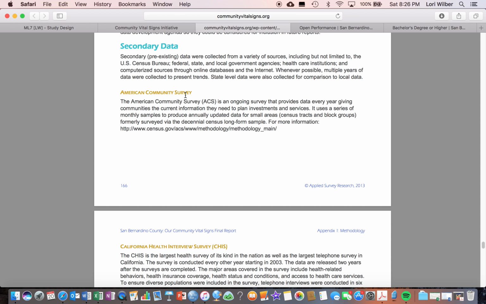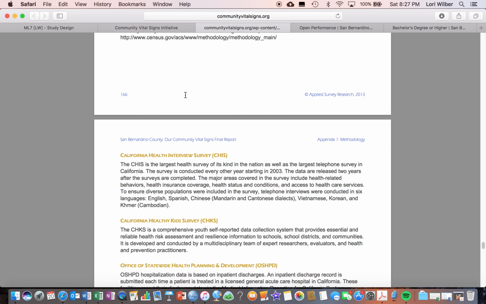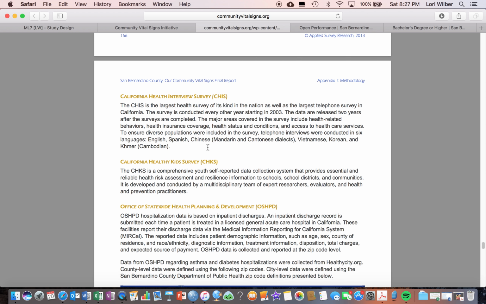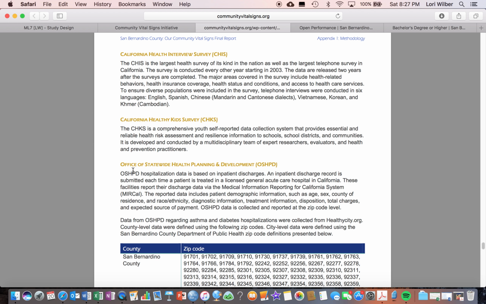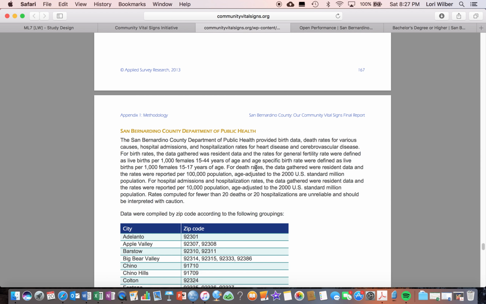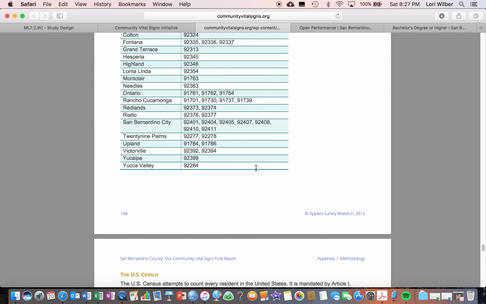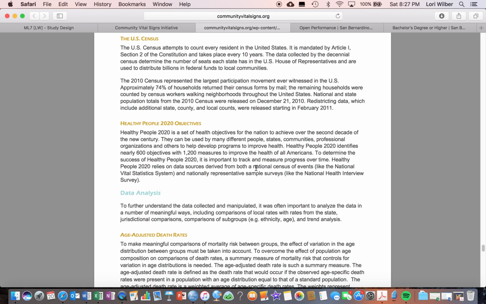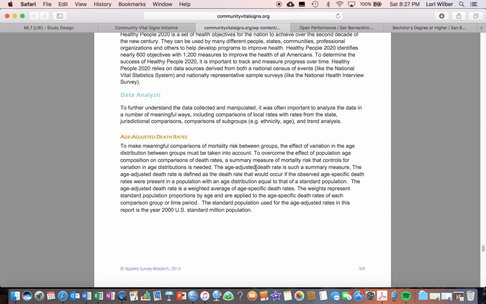So there's an American Community Survey, the California Health Interview Survey, which is called CHIS, the California Healthy Kids Survey, the Office of Statewide Health Planning and Development. We even have the census down here somewhere, because we need to have denominator data, Healthy People 2020 objectives, and then they talk about how they did their data analysis a little bit.